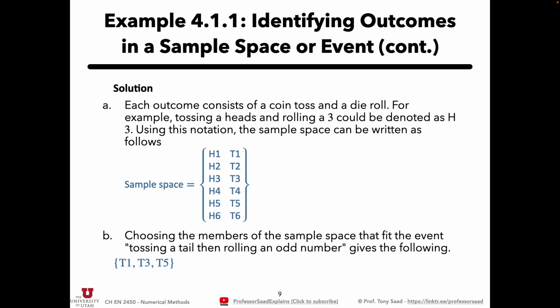But then I need a tail and an odd number. So I have T1, T3, and T5. Those are the outcomes in my event, or the content of my event. Later we will ask, what is the probability of getting T1 or T3 or T5? We will ask those kinds of questions. We're just defining things now.